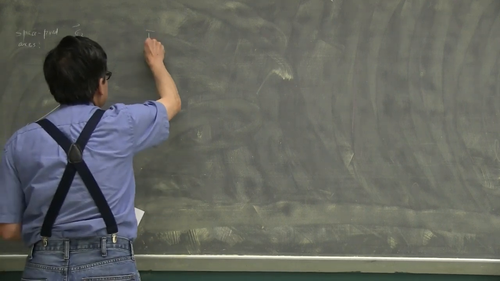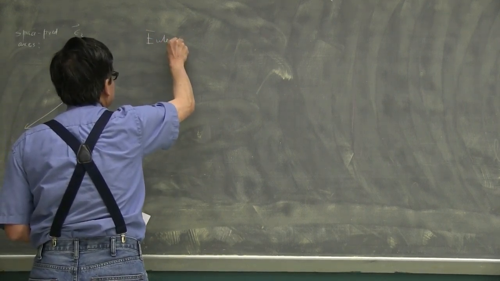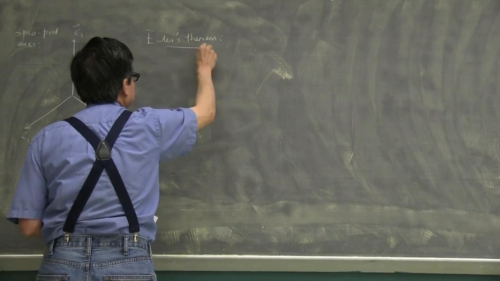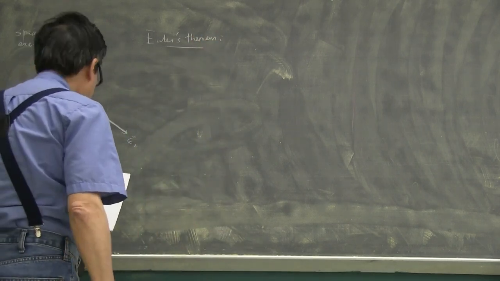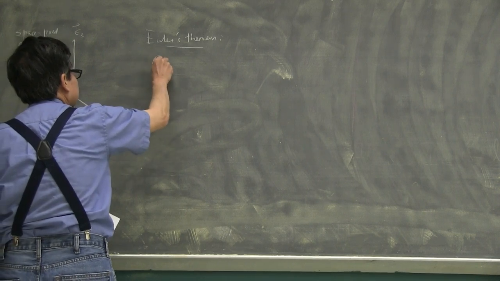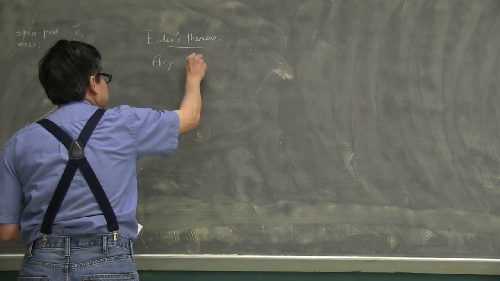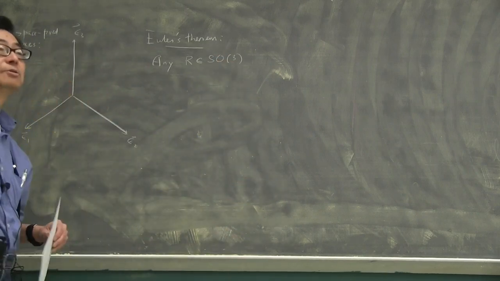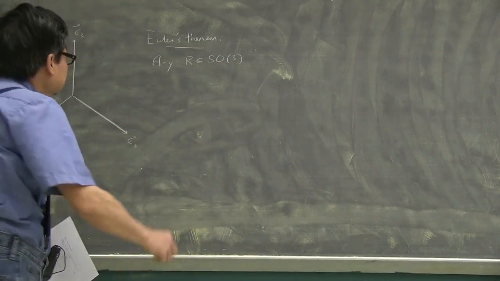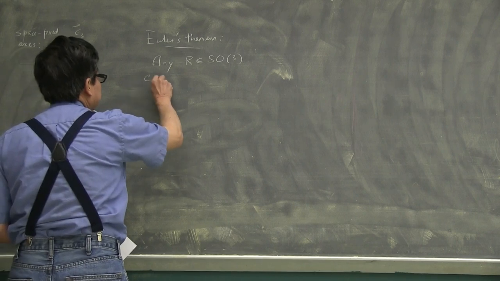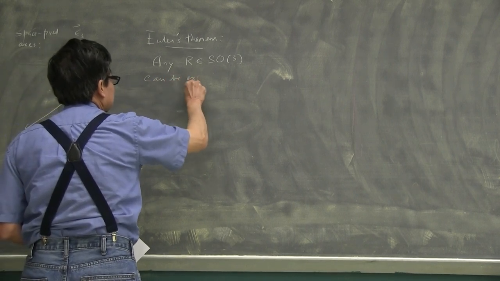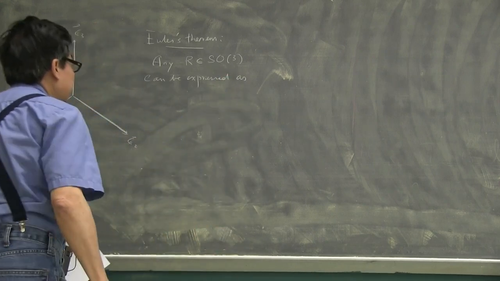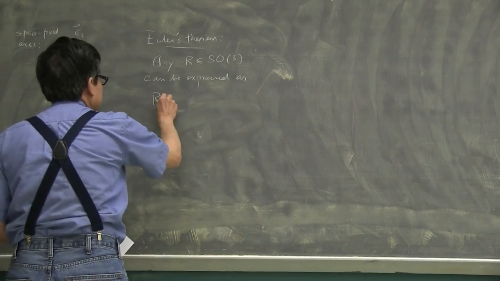So Euler's theorem basically says this. Any rotation, an element in the group SO3, can be expressed as a succession of three rotations.